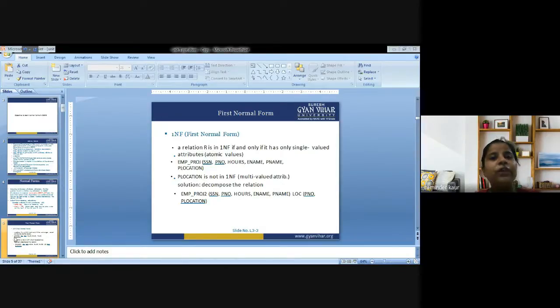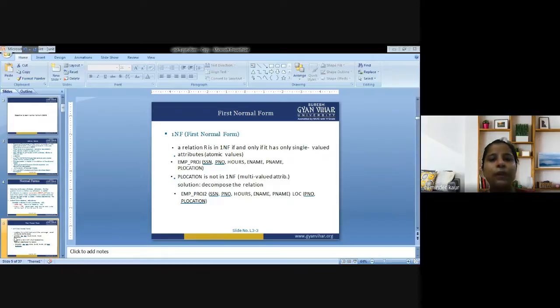A relation R is in 1NF if and only if it has only single valued attributes, because 1NF is concerned with atomic values.